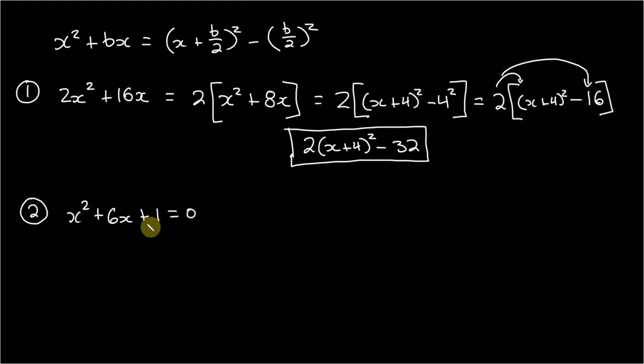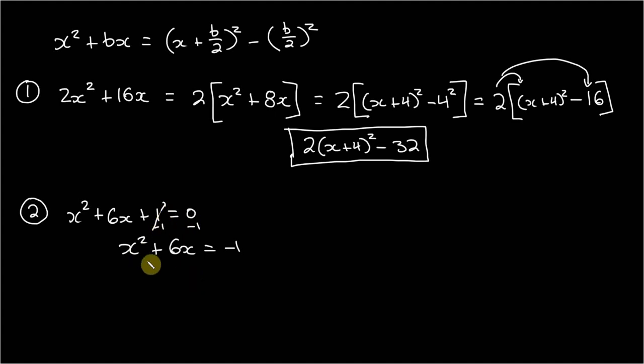The first step I would be inclined to do is just subtract 1 from both sides. It's just basic algebra. So x squared plus 6x is going to equal negative 1. We just subtracted 1 from both sides. That cancels out on the left, and now we have negative 1 on the right.